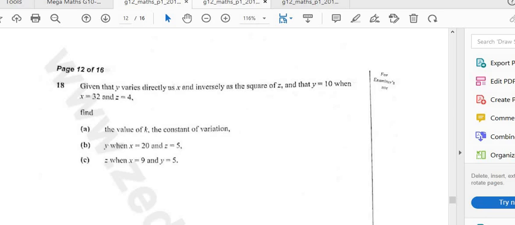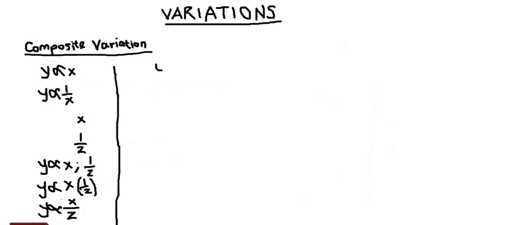There's an example here where it says, given that y varies directly as x and inversely as the square of z. So the question says y varies directly as x, and then it varies inversely as the square of z.